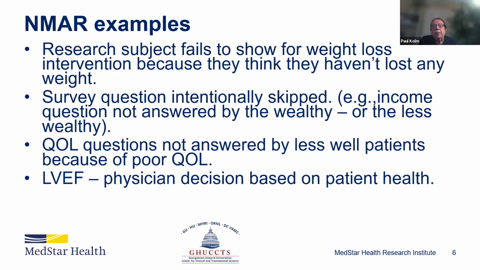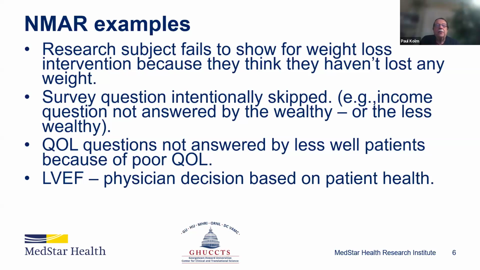And obviously, if a patient dies, they're not going to respond to it. So that's not missing at random. The response is related to the outcome of, say, for example, if you're doing survival or looking at patients' health over time.